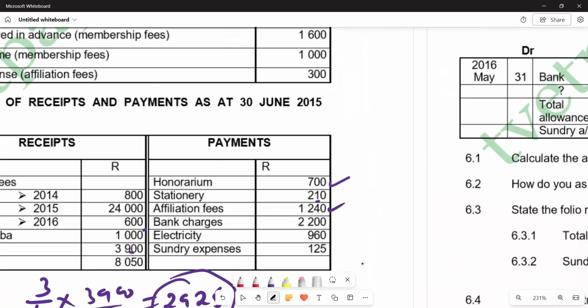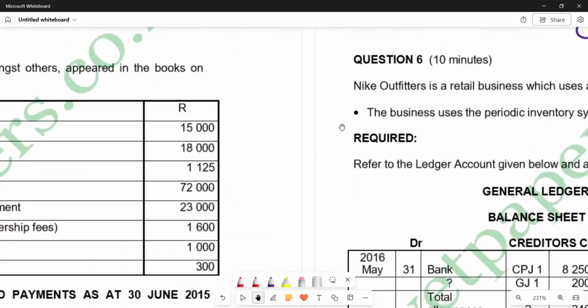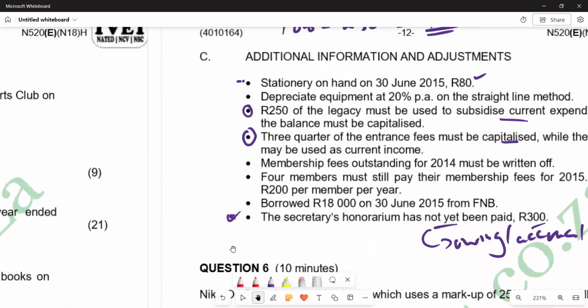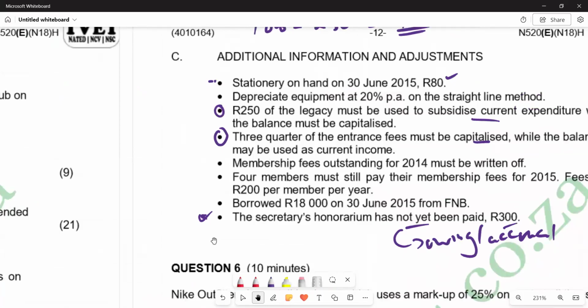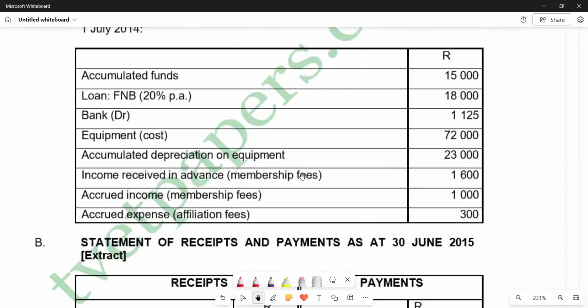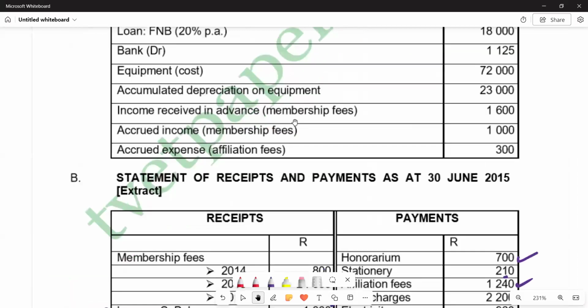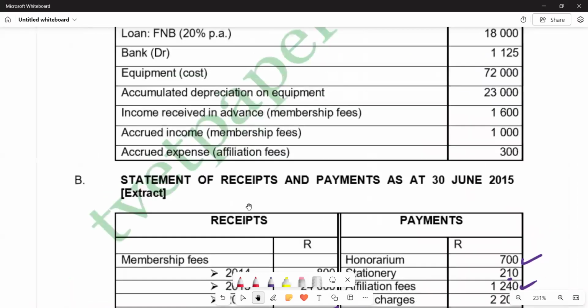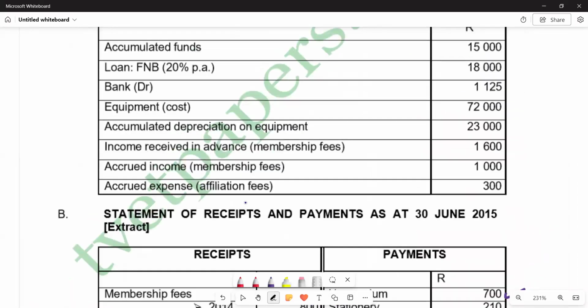And then out of this affiliation fees, we go to additional information to check if we've got anything that is affecting our affiliation fees. So you'd see that we've got nothing, but if you come in the question again, you'd see that at the beginning of the period, there were affiliation fees that were outstanding, which is accrued expense at the beginning, which is 300.